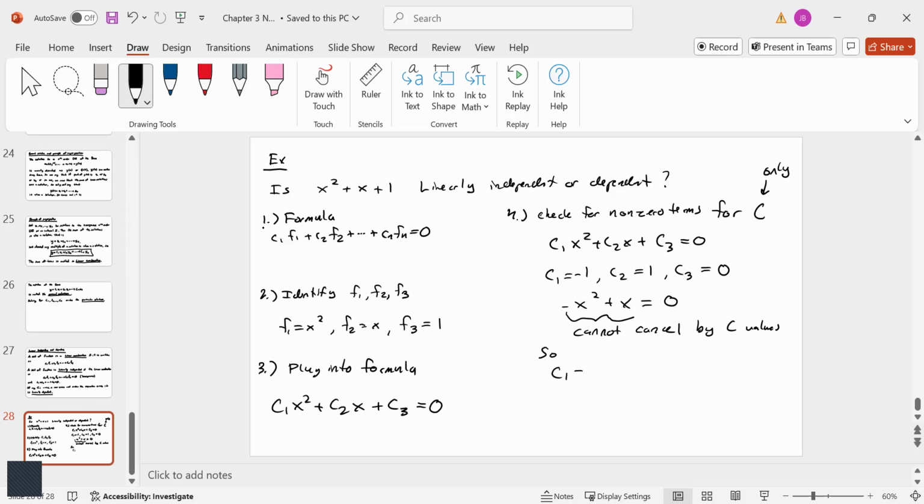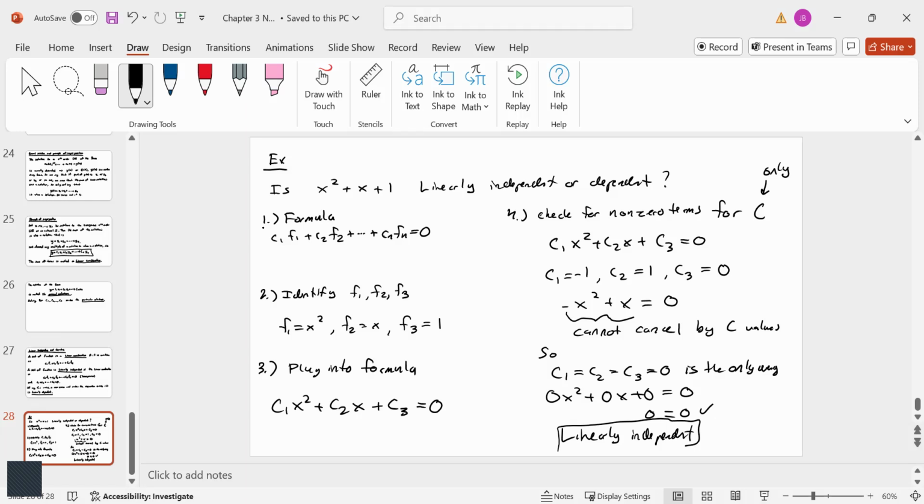So C1 has to be equal to C2, which has to be equal to C3 equals 0, is the only way, because 0x squared plus 0x plus 0 is equal to 0. So we say it's linearly independent.